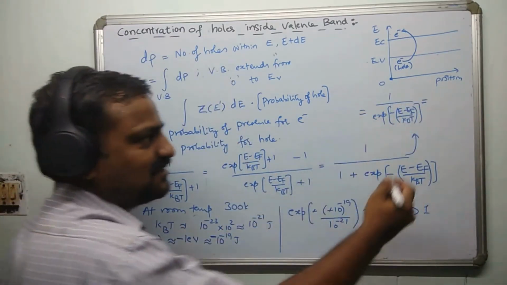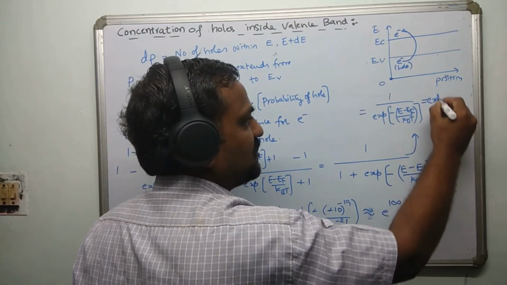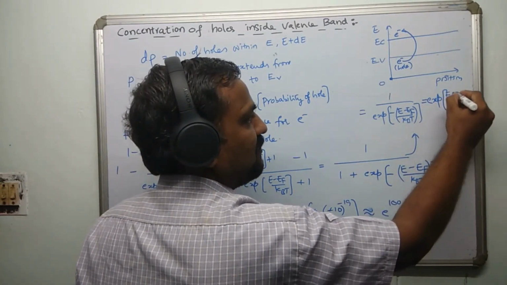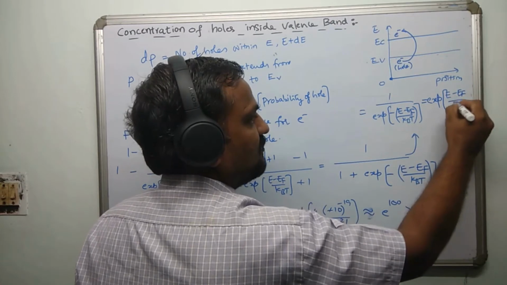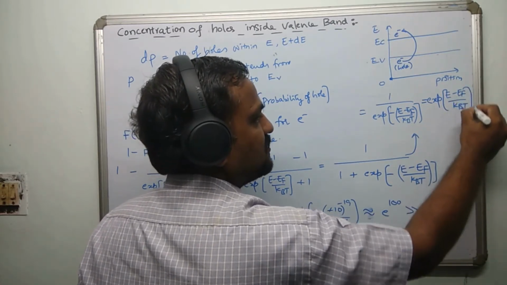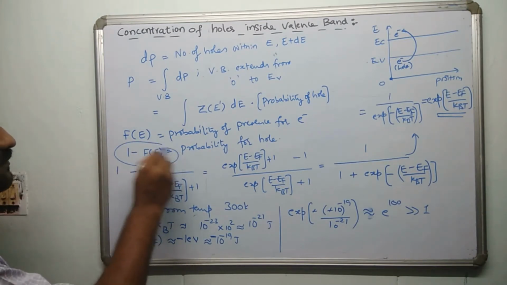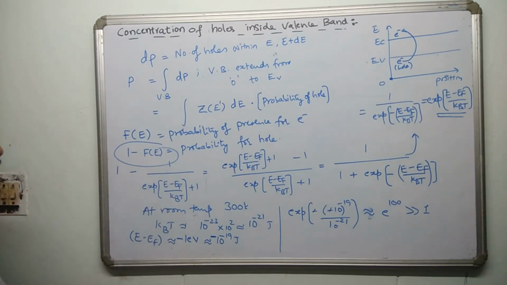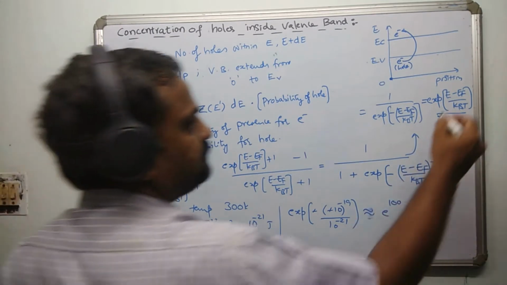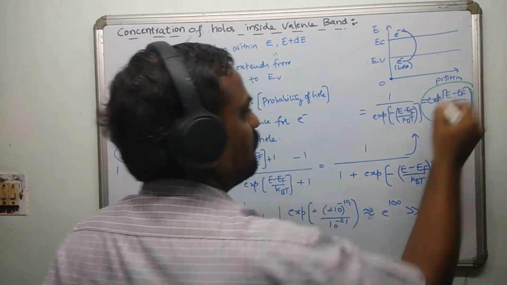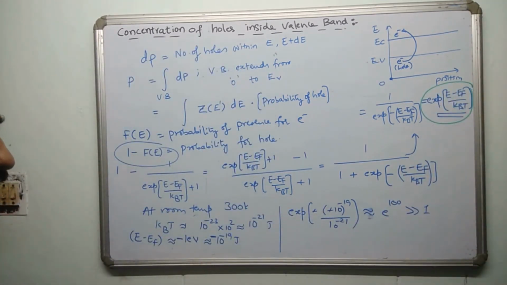It goes to the numerator as e power x. So it is exponential of (E minus EF) divided by kBT. So this is the term which you can write as 1 minus f(E). So the probability of hole is nothing but this particular term. This is the probability of hole. Please remember this. And please pause the video. I am going to erase some portions, right?